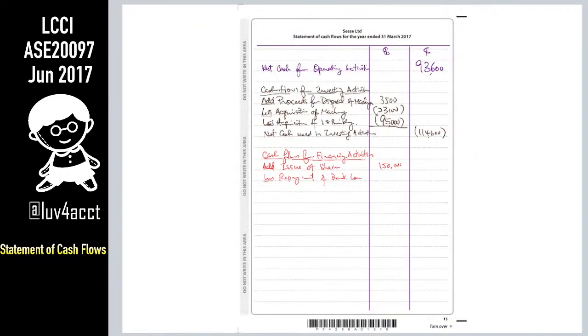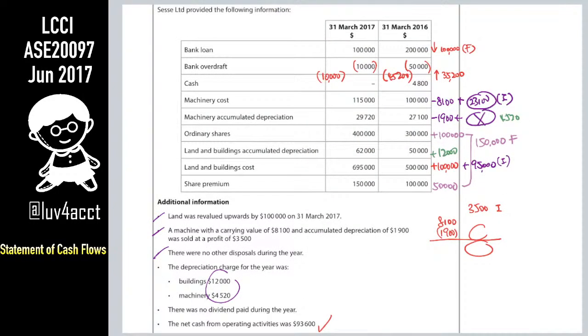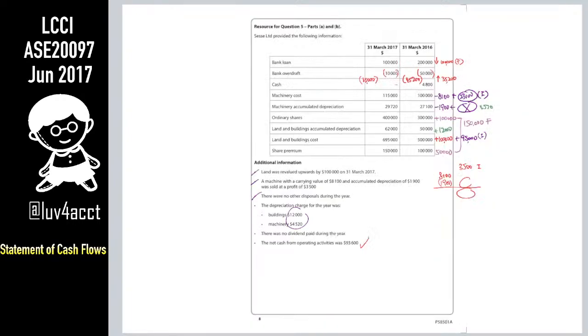Okay, repayment of bank loan, I don't remember. We have 100,000. So you have 50,000 positive. That will be net cash from financing.